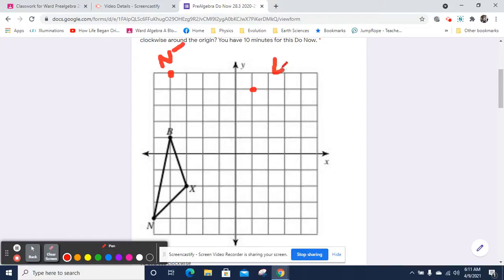There's b prime. And then x prime is going to be up here at -2, +3. That'll be x prime. Okay, so you switch the values, and then the sign of the y, the new y, changes. And there is my rotation image.